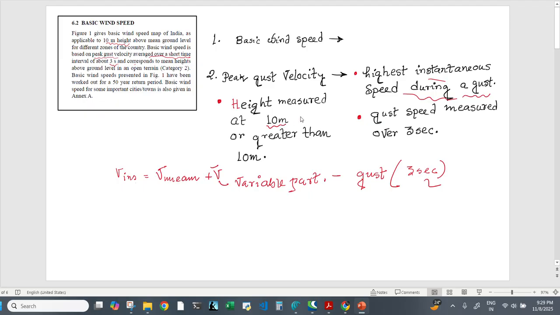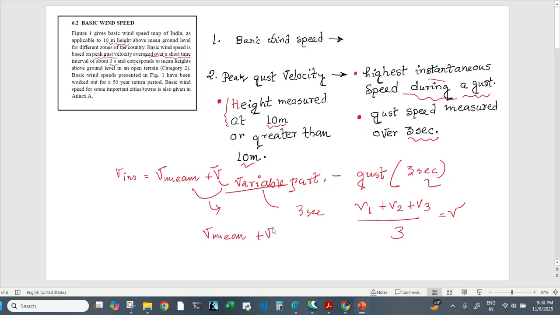Generally we take the basic wind speed at a height of 10 meters or greater, with gust speed measured over 3 seconds. That means this value is measured over 3 seconds: V1, V2, V3 divided by 3 is equal to V dashed, and V mean plus V dashed is called basic wind speed.